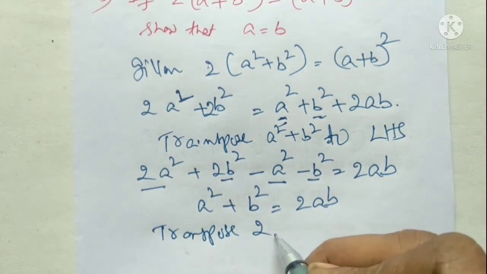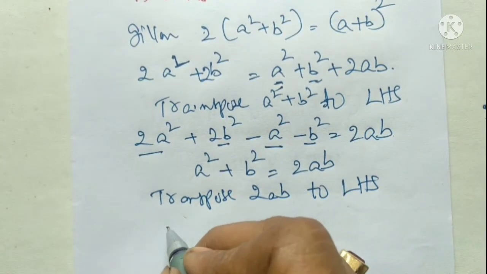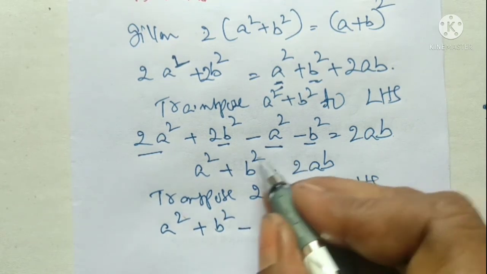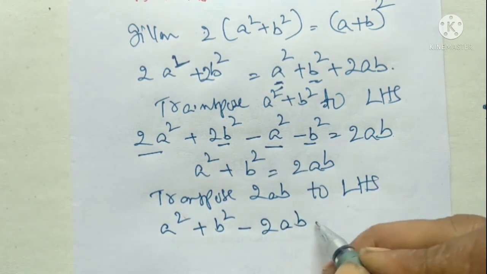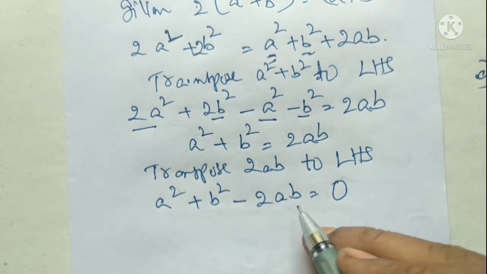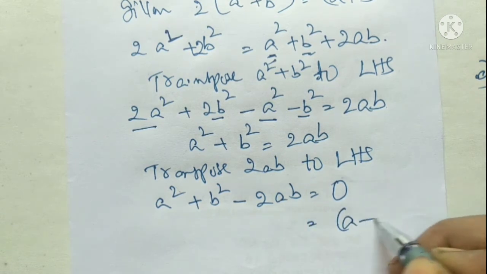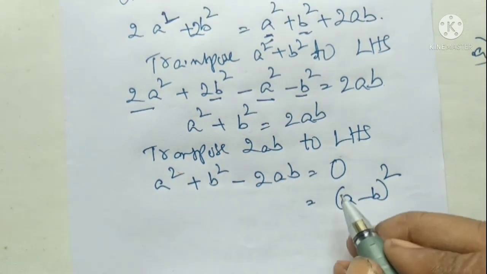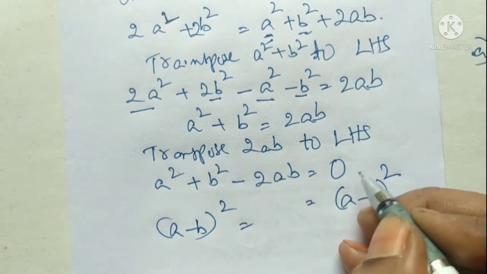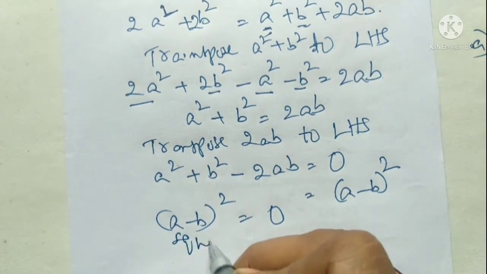Now we are transposing 2ab to LHS. Then it will become a square plus b square minus 2ab is equal to 0. We know that a square plus b square minus 2ab is equal to a minus b whole square. So a minus b whole square is equal to 0. Square root on both sides.